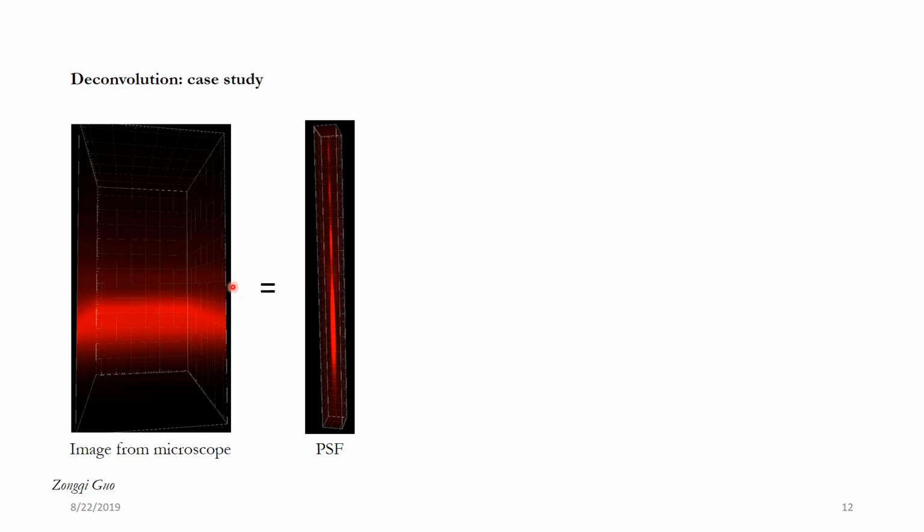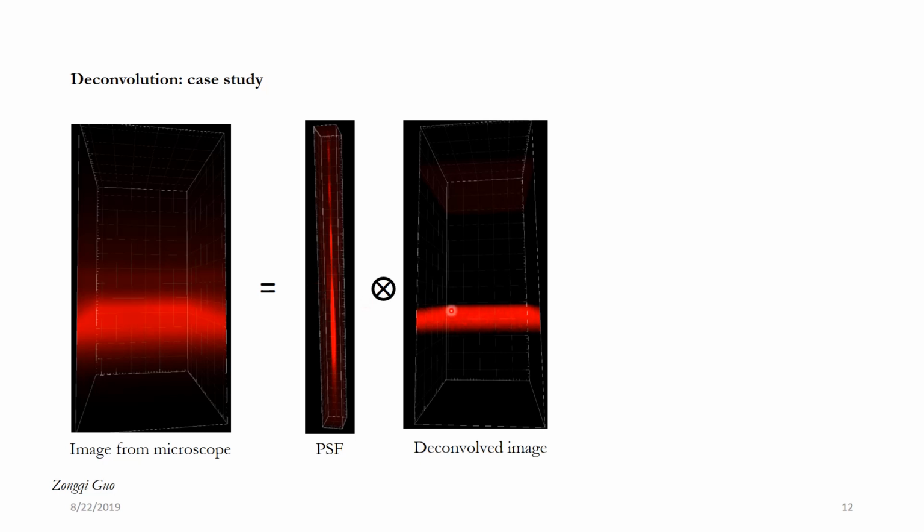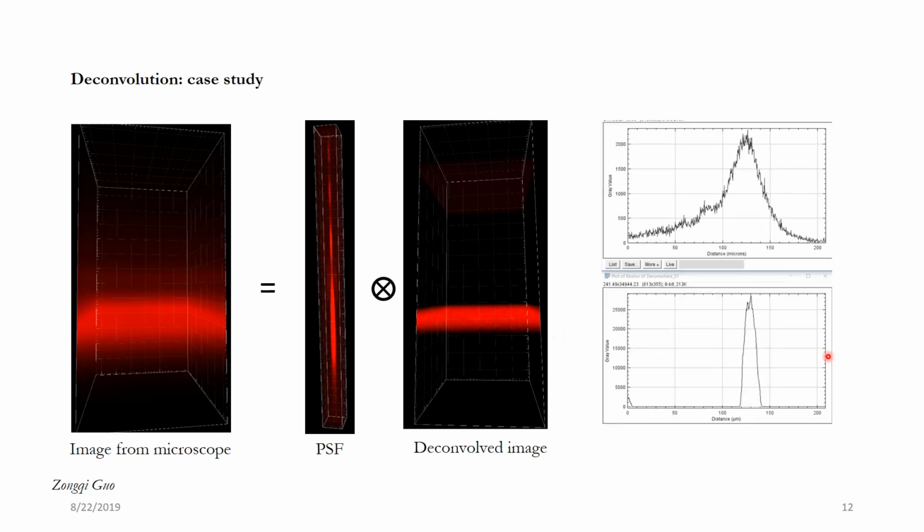Using the iterative deconvolution method available in ImageJ, you can do it. This is the image, this is the second image, and using that we calculated back, and we could actually get very close to the theoretical limit of the size that we were expecting.